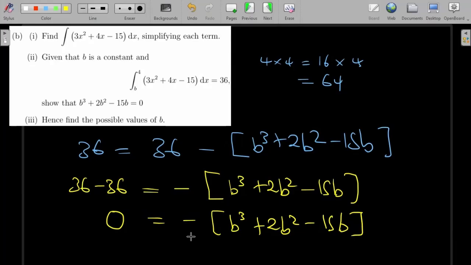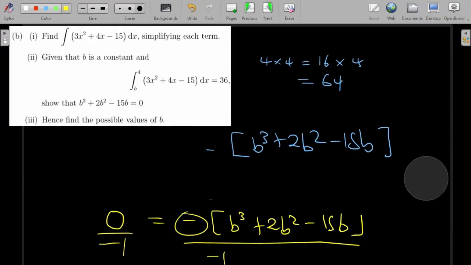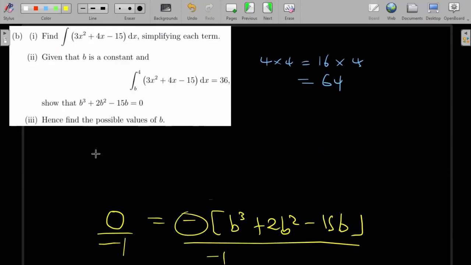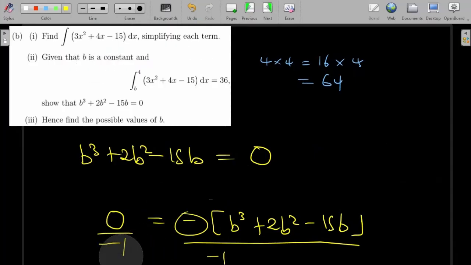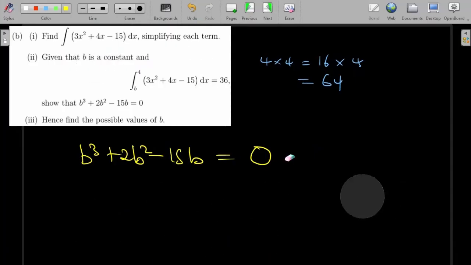So here we can divide both sides by minus 1 to eliminate this. What we end up with is what we are required to show: b to the power 3 plus 2b squared minus 15b is equal to 0. So we can say hence shown.